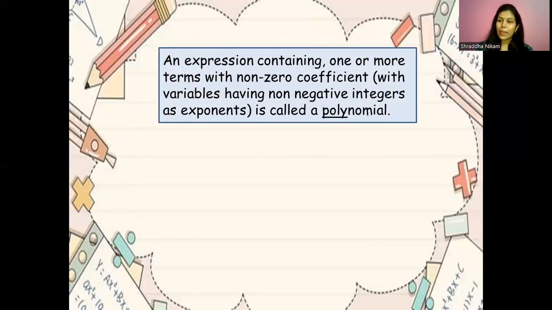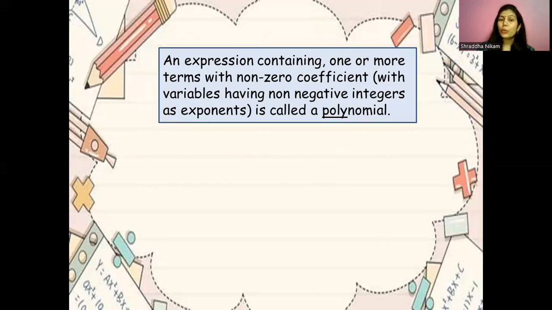Poly means many. An expression containing one or more terms with non-zero coefficients and with variables having non-negative integers as exponents is called a polynomial. So monomial, binomial, trinomial can also be called polynomial too.